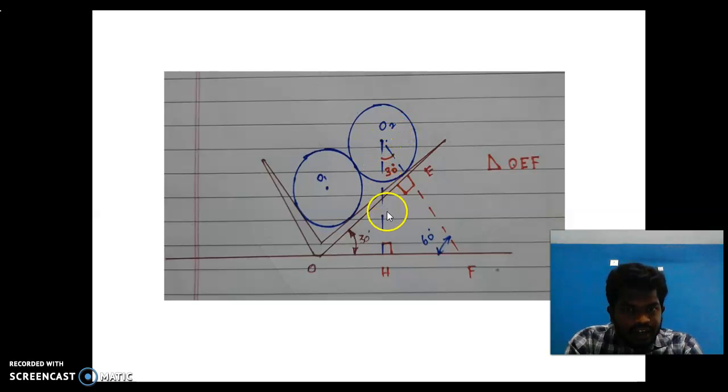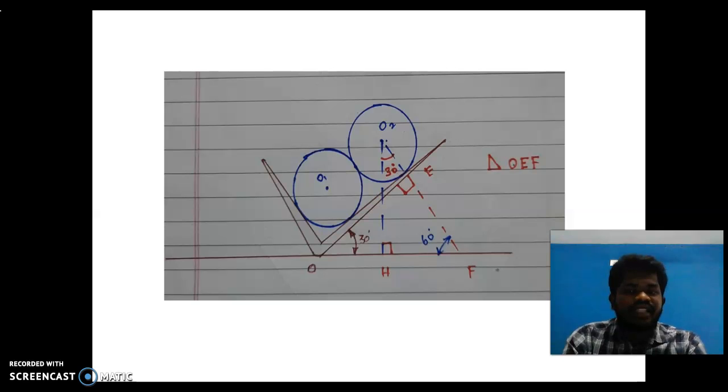This is the line of action of the weight force, and this is the line of action of reaction force RE, and the coordinate system X. Using these two lines of action of forces and the horizontal force, we form another right angle triangle O2HF. Here 90 degrees, here 60 degrees, here we find 30 degrees.